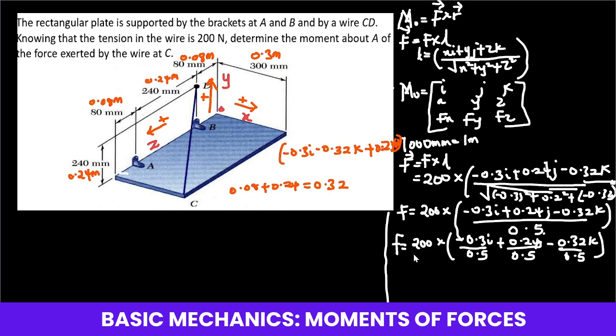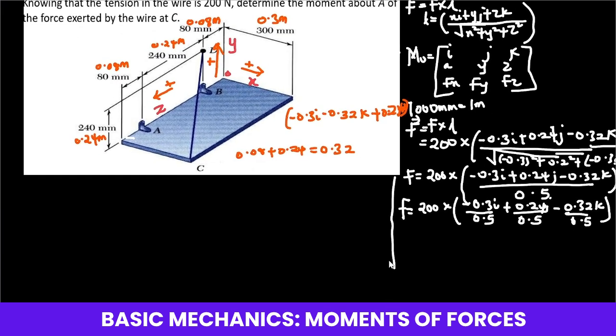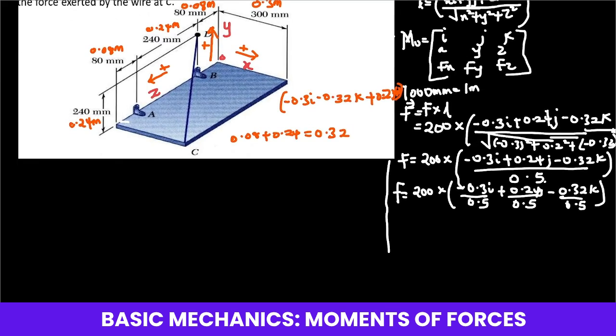At this point, if we multiply this 200 by this, we should be able to get various answers for all of them. So let's bring it to the top. Now we can easily multiply them by multiplying the 200 by the negative 0.3 on 0.5.